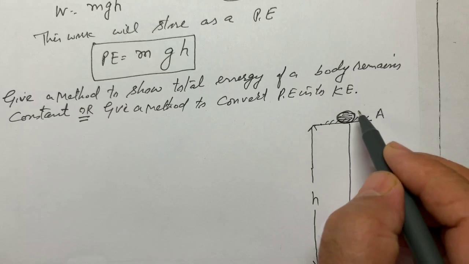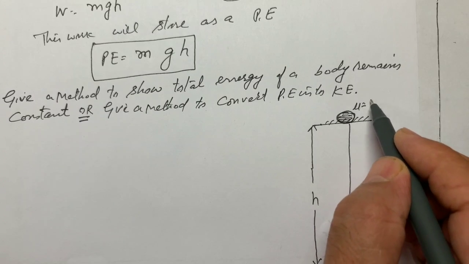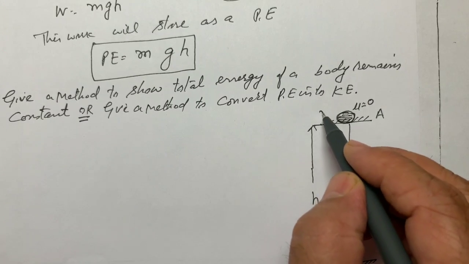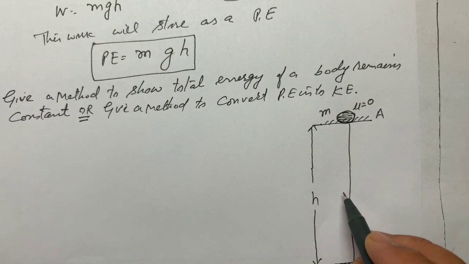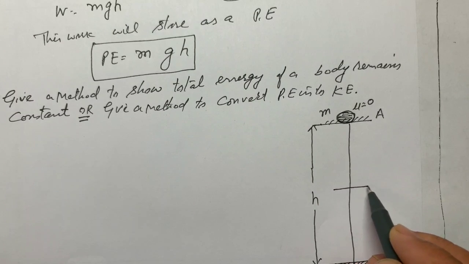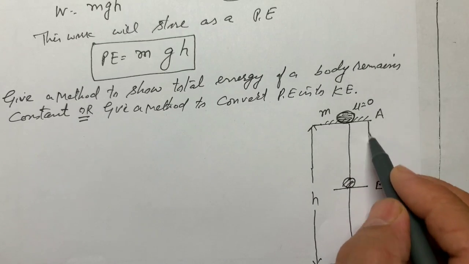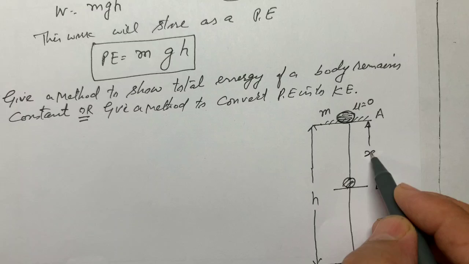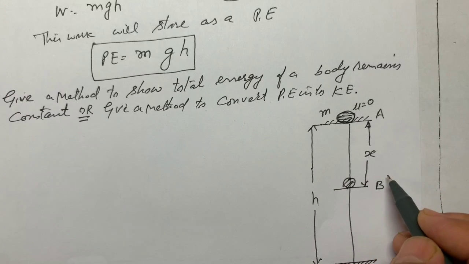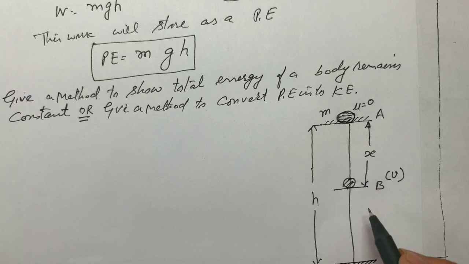At point A, the body is at rest, means its initial velocity is 0 and the mass of the body is m. After some time, the body reaches point B by traveling distance x. Now we suppose at point B the velocity is v. After some time, the body reaches point C. Here velocity of the body is v dash.